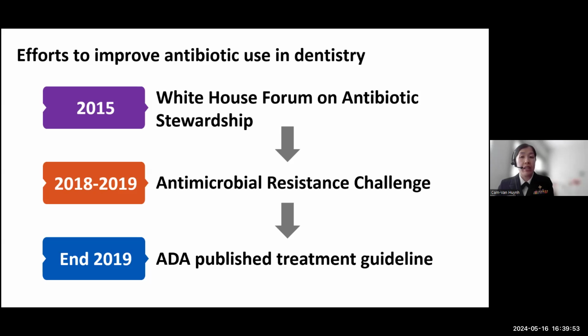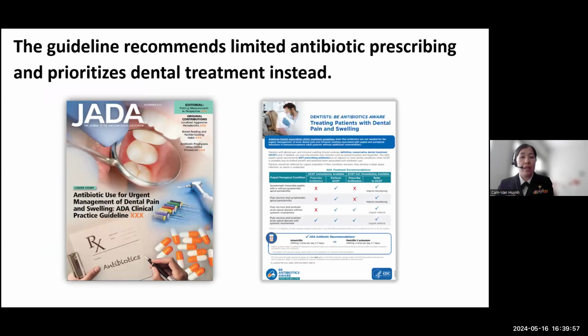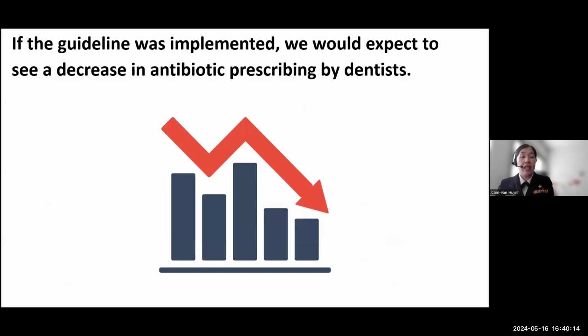And at the end of 2019, the ADA published this treatment guideline. The guideline recommends limited antibiotic prescribing and prioritizes dental treatment instead. For most episodes of dental pain and swelling, the solution is a dental procedure, and antibiotics should only be prescribed if the patient has signs of systemic involvement, such as fevers or chills. And if the ADA's guideline was widely implemented, we would expect to see a decrease in antibiotic prescribing by dentists at the national level.